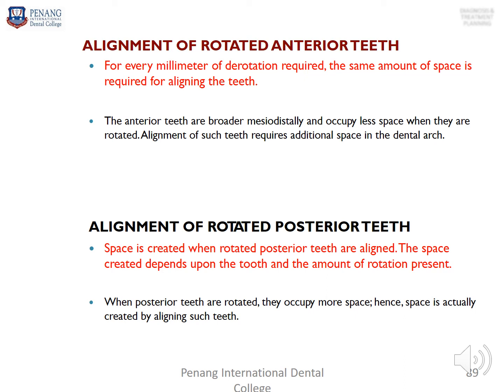For the alignment of rotated posterior teeth, space is created when rotated posterior teeth are aligned. The space created depends upon the teeth and the amount of rotation present. When posterior teeth are rotated, they occupy more space. Hence, when the teeth are derotated, the space is available.